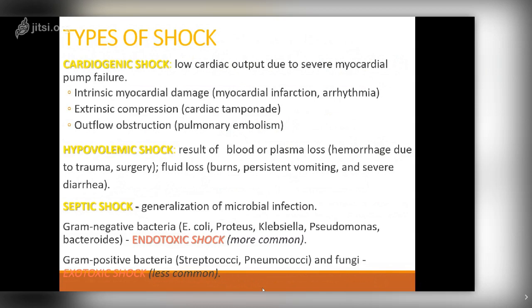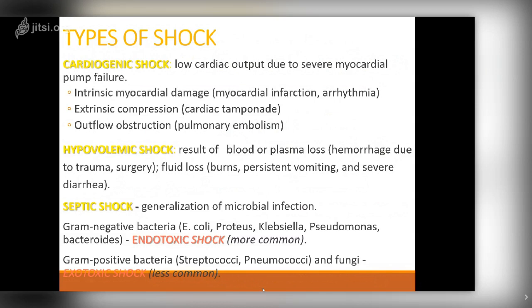In this case, hypoperfusion of organs and tissues occurs as a consequence of reduction of circulating volume of blood or plasma, maybe due to severe hemorrhage or severe loss of fluid due to burns, due to persistent vomiting or diarrhea. Of course, in this case, there is no use to stimulate the heart to pump more blood.